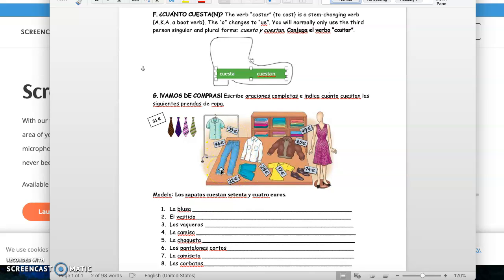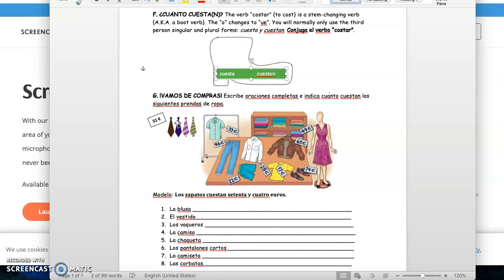The word vaqueros is used in Spain for jeans. Okay. 4. La camisa cuesta. La chaqueta cuesta. Los pantalones cortos cuestan. La camiseta cuesta. Las corbatas cuestan.